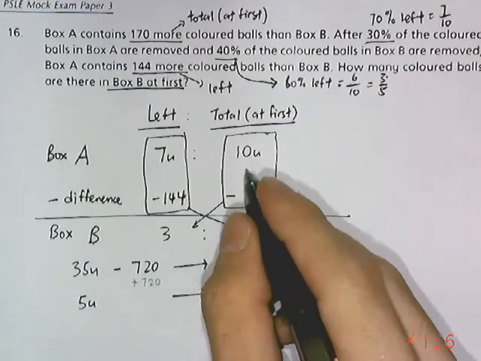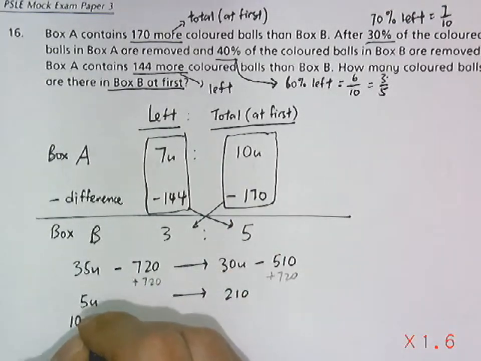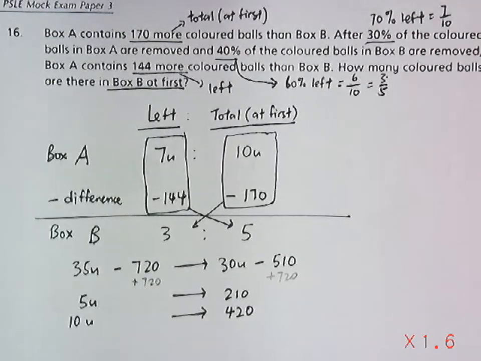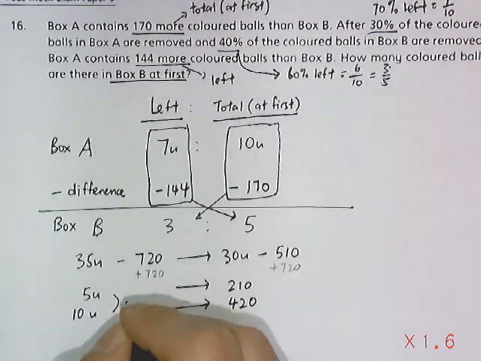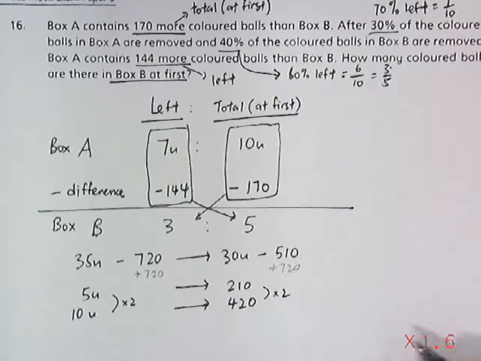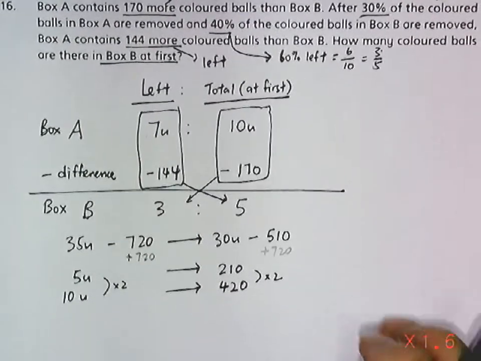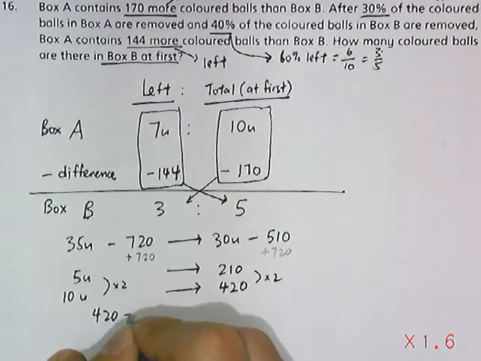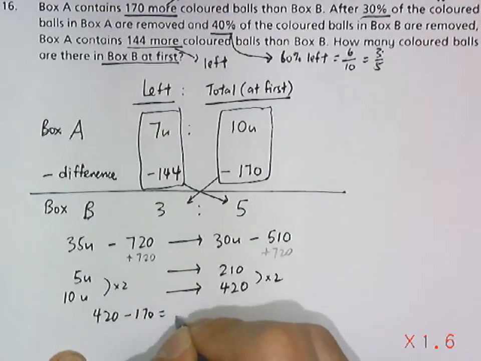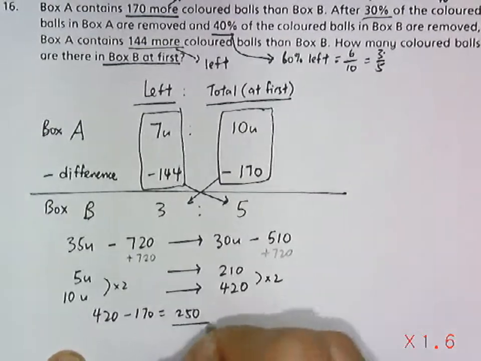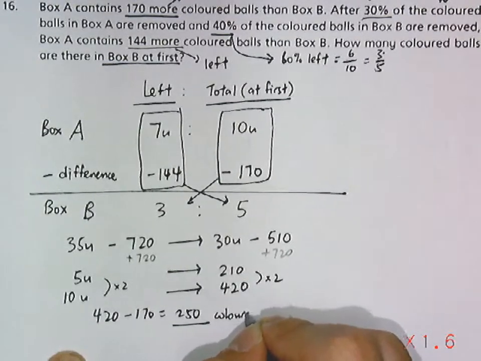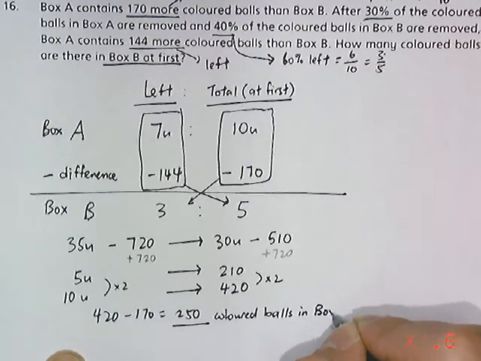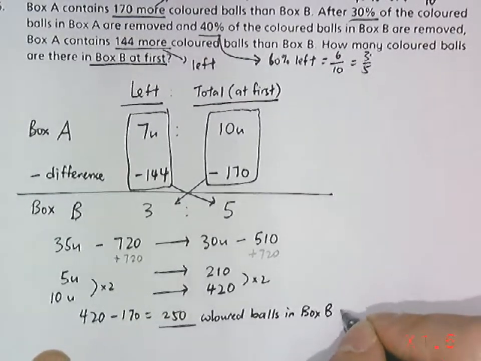To find 10 units, I simply need to multiply by 2, which gives me 420. Then I subtract 170, and that would be my answer. So 250 color balls in box B at first.